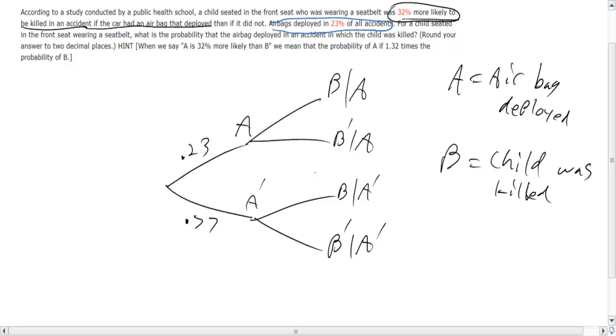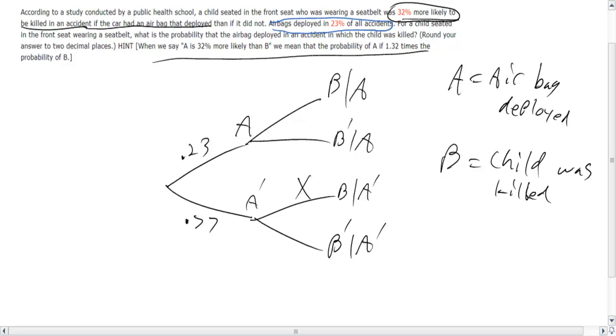Well, they don't give us that information, so I'm just going to call it X. This branch right here would be the airbag did not deploy, but the child was still killed. Now, how likely are they to be killed if the airbag did deploy? Well, we don't know, but we know it's 32% more likely.